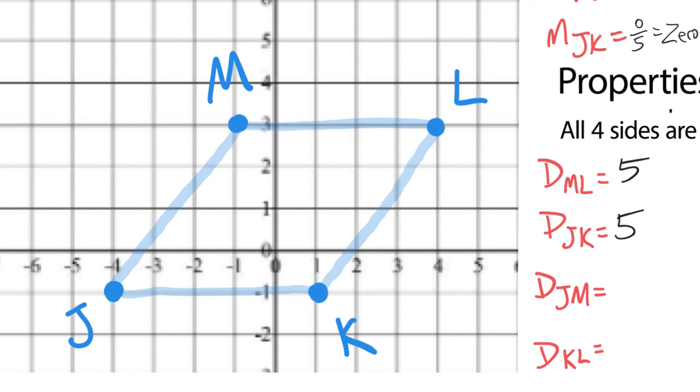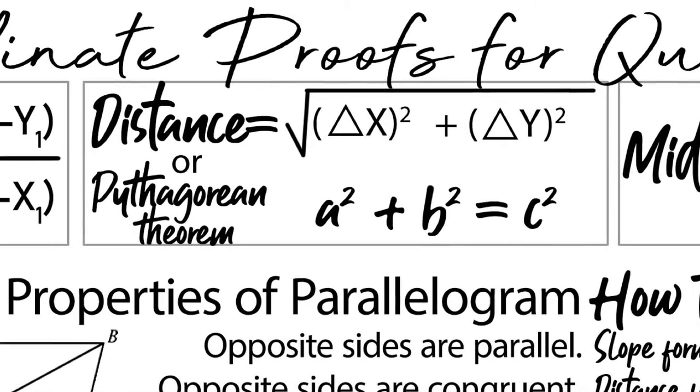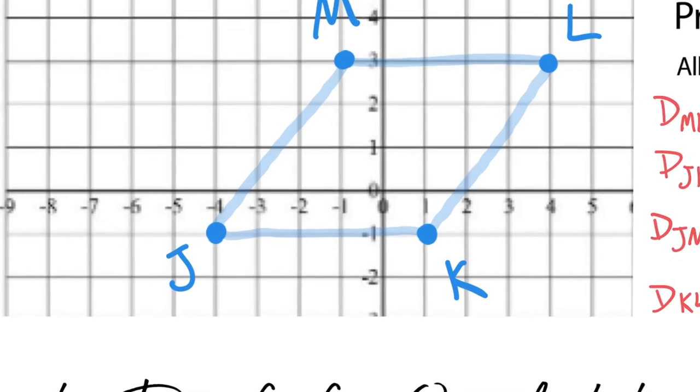What about JM? All right, so this is a little bit trickier. So we've got two options. We can apply the distance formula, which is the change in x squared plus the change in y squared, and then you're going to take the square root. Alternatively, we can apply the Pythagorean theorem, which we remember is a squared plus b squared equals c squared. C, of course, is the hypotenuse.